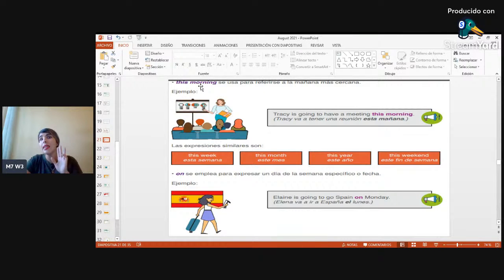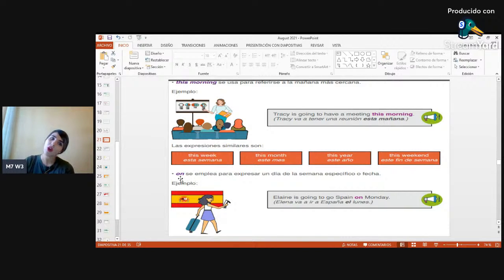We have this morning, depending on the time. También podemos usar esta mañana, recordando que si estamos hablando pues temprano y hablaríamos un poquito más, unos minutos. Acuérdense que el futuro puede ser lejano y cercano, comparación, ¿verdad? We can use like this week, esta semana, this month, este mes, this year, este año, or this weekend, este fin de semana.